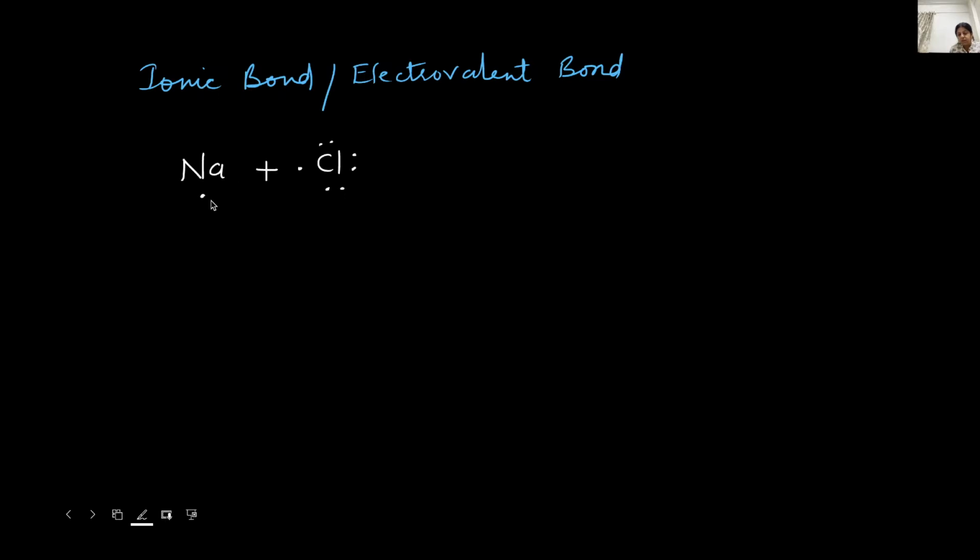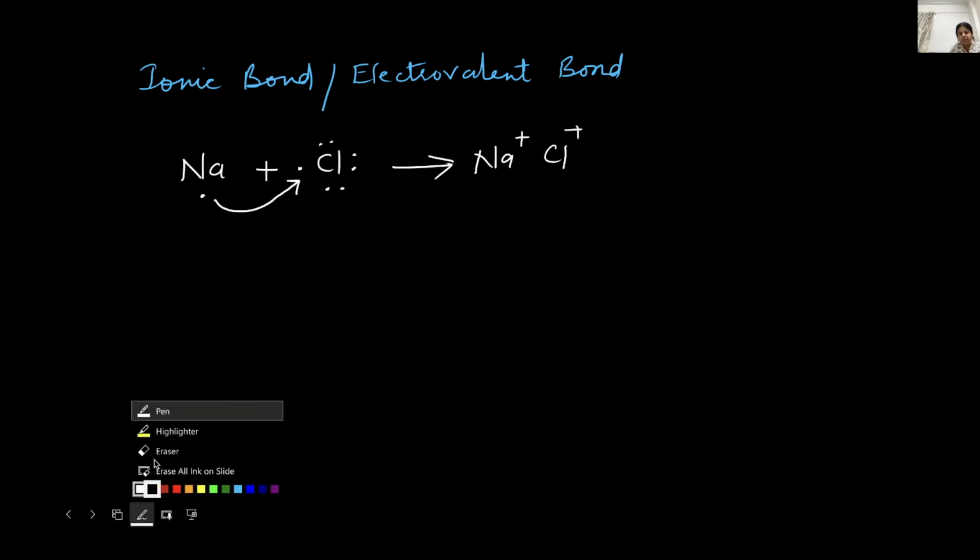If sodium loses 1 electron to the chlorine atom, then the bond formation will occur between the opposite charges, that is positive and negative charge. Cl will carry the negative charge, students.